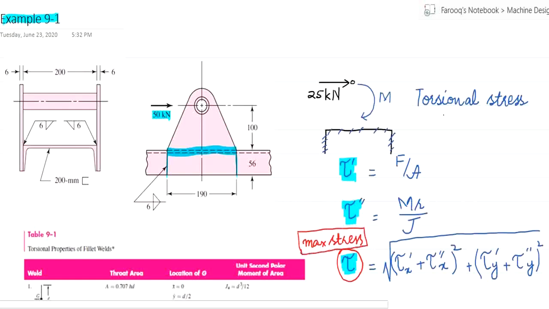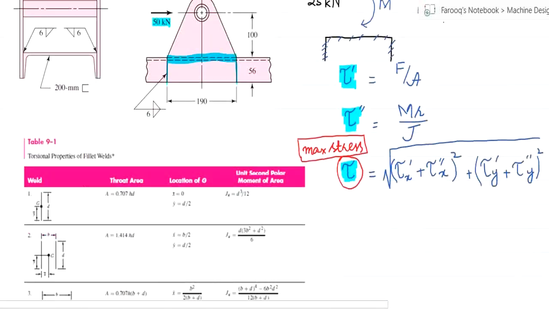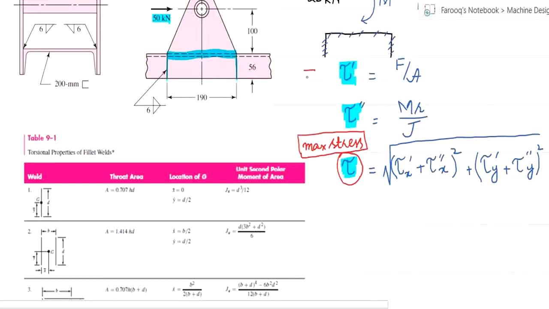As in this question, we need to find the maximum stress being applied on the weld. So we are going to find this combined effect of the stress, and that is how we are going to find the maximum stress. So let's start off with finding the primary stress.